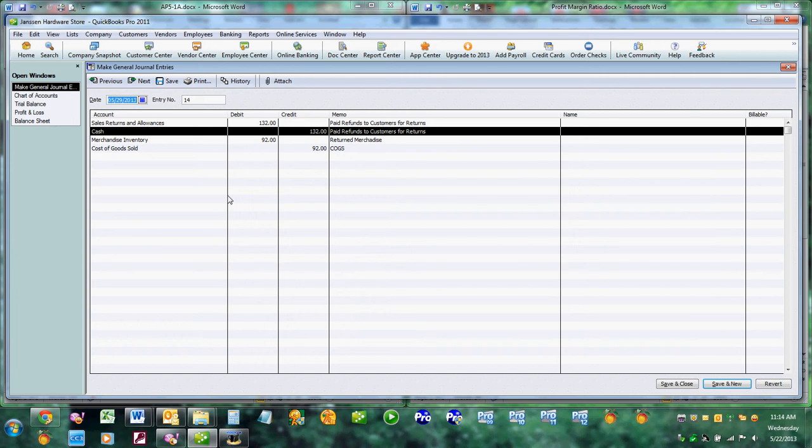And on the 31st, sold merchandise on account, $13.08, terms n/30. The cost of the merchandise sold was $8.48. That's accounts receivable gets debited for $13.08. Sales is credited for $13.08. Cost of goods sold for the cost of the merchandise was $8.48 debit, and merchandise inventory was credited for $8.48.